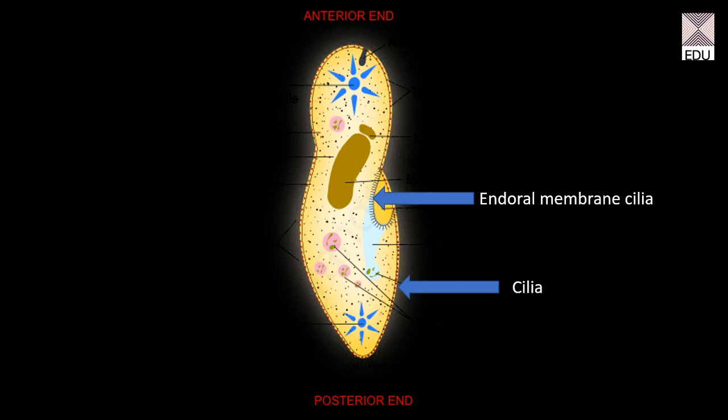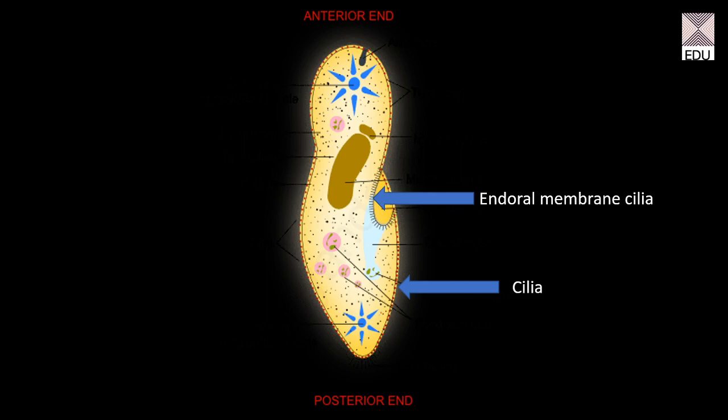When they move, they make a water current of their own, and that water current counteracts the straight motion of the paramecium. That's how the paramecium moves spirally or anti-clockwise. So students, these are the two basic reasons why the paramecium is moving anti-clockwise, spiral.